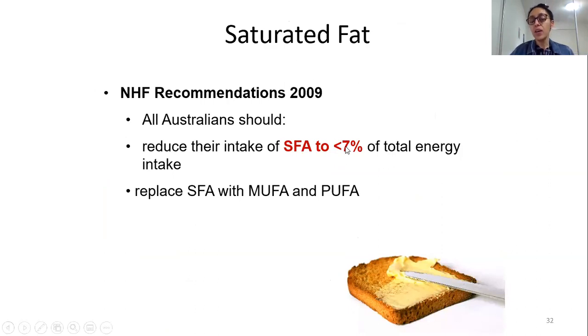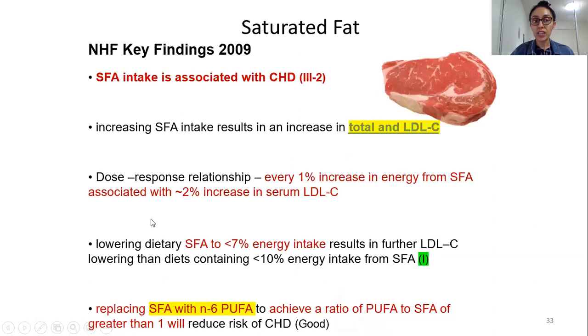So how much saturated fat is recommended? No more than, say, less than 7% of your total energy intake. The other important thing for saturated fat is that this one is a level 1 evidence, meaning very, very strong evidence.